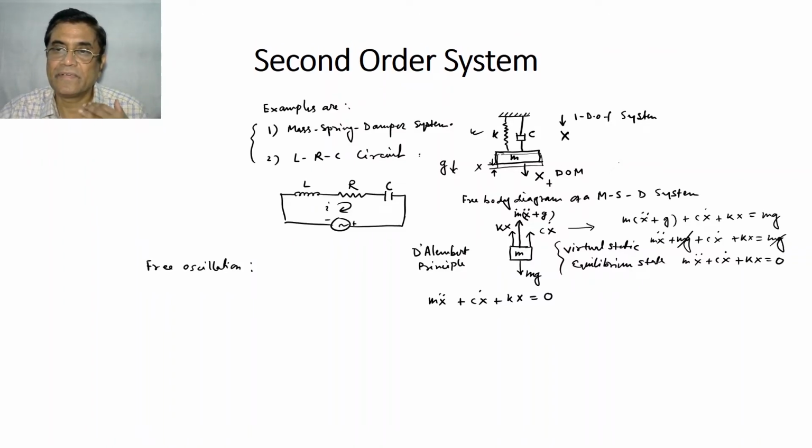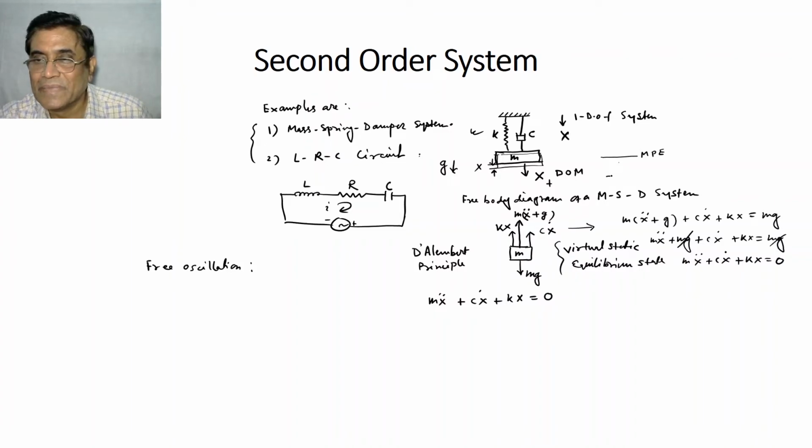That means if I go to a place where gravity is very small, then the mass will be here, the mean position of equilibrium will be here. If I go somewhere where gravity is much higher, then the mean position of equilibrium will be here.